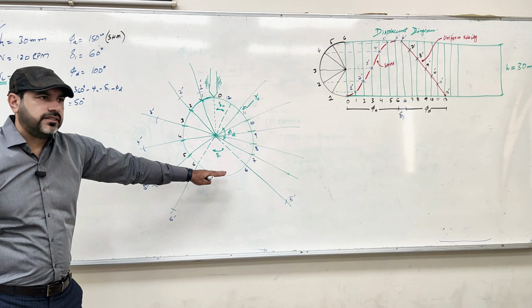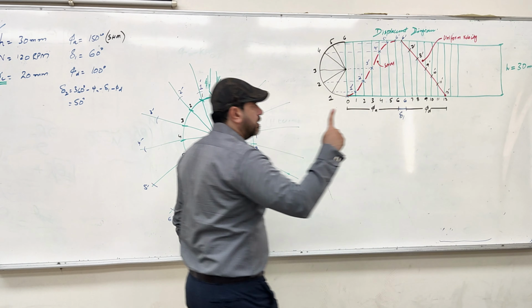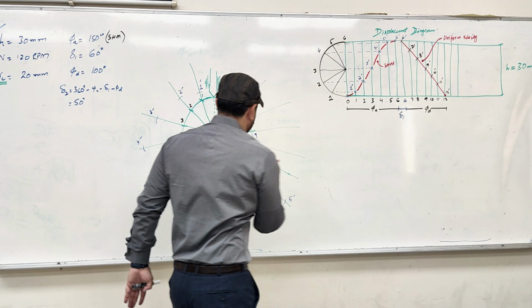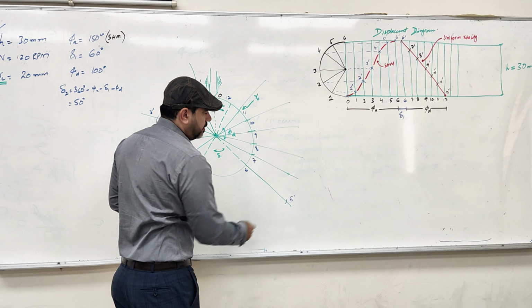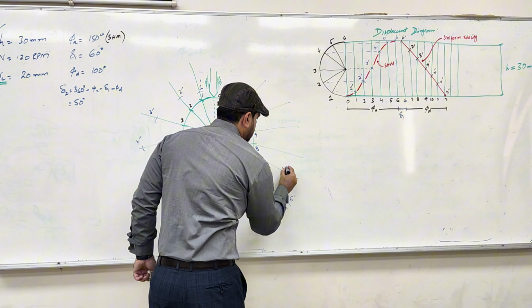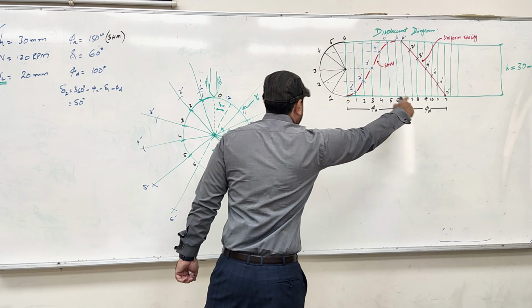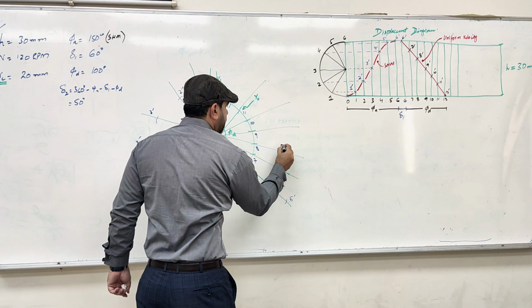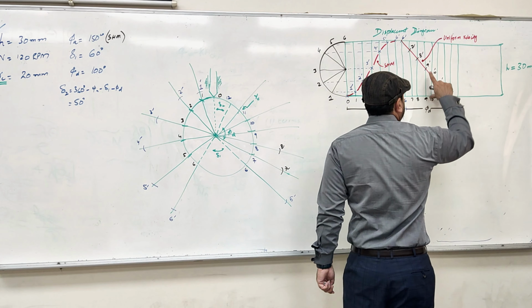The best technique is the compass. You open it, go to the 6, extend it, come to the 6, and go. 6 is already there. You go to the 7, open it, so you get this 7 prime. 8 to 8 prime, 9 to 9 prime.